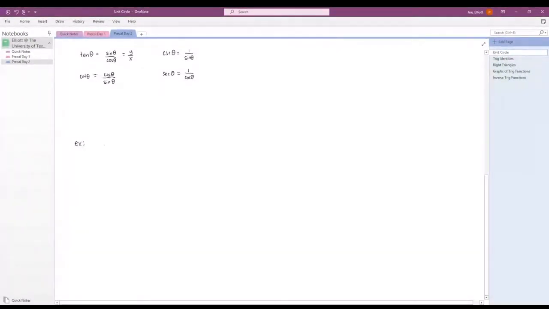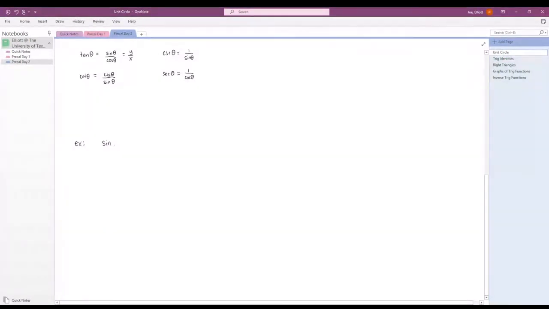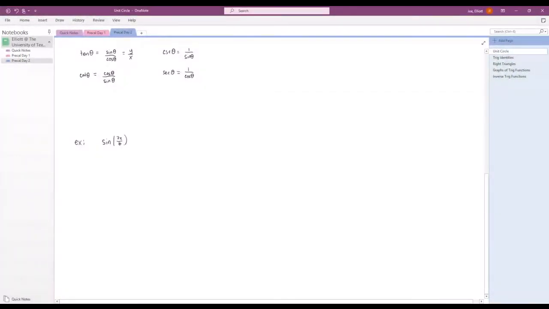So for instance, when you're working on problems, expressions like maybe sine of 7 pi over 6 might come up. And you're basically just going to need to know what the value of sine of 7 pi over 6 is. So who can tell me what the value is?